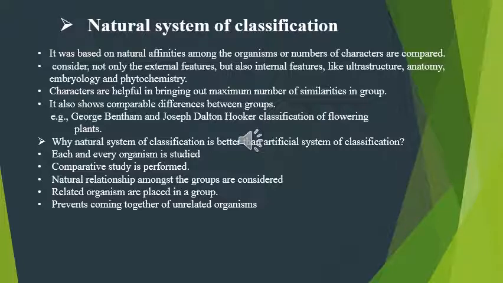For example, it can be based on ultrastructure, anatomy, embryology, and phytochemistry. These characters are helpful in bringing out the maximum number of similarities in a group. It shows a comparable difference between the groups.